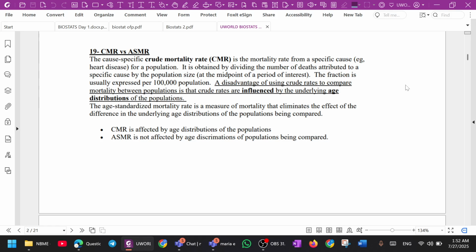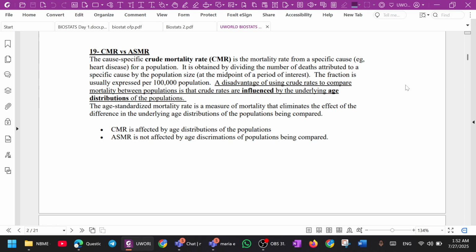A disadvantage of using crude rates to compare mortality between populations is that crude rates are influenced by the underlying age distribution of populations.